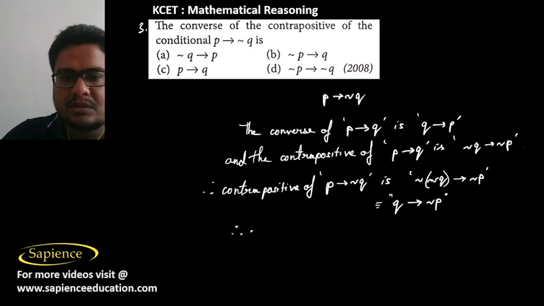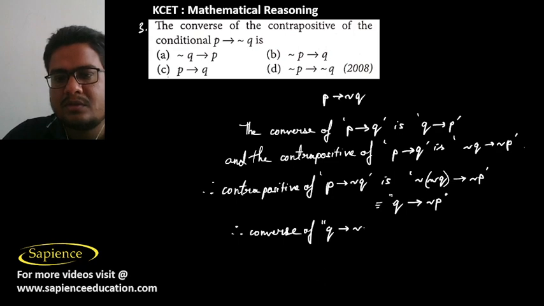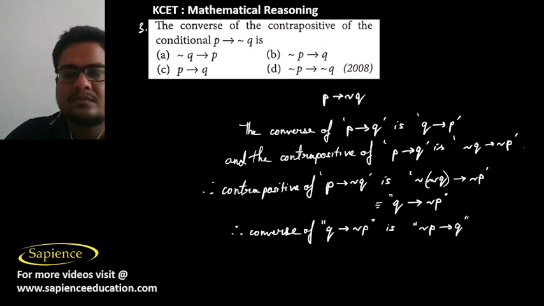Therefore the converse of this statement, if Q then not P, is if not P then Q. Means option B is the correct answer.